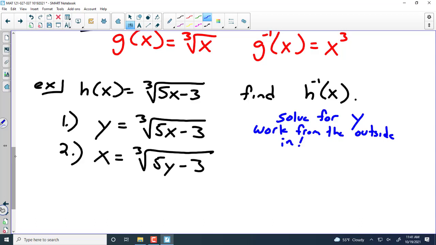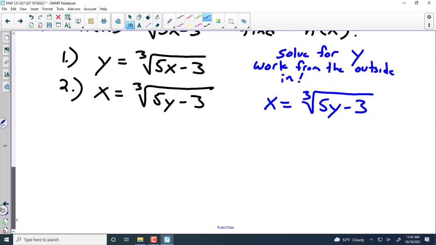So in other words, if I'm going to solve this for y, I'm going to work from the outside in. You'll notice that on the right side of the equation, the thing that's over everything is that cube root. Does everyone see that cube root there over everything? So the first thing we're going to do is cube both sides.